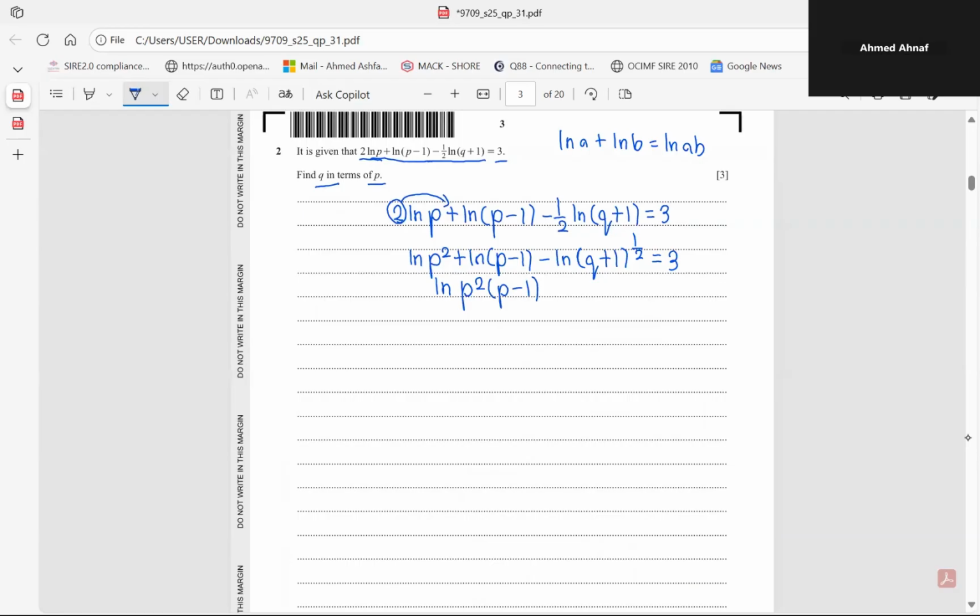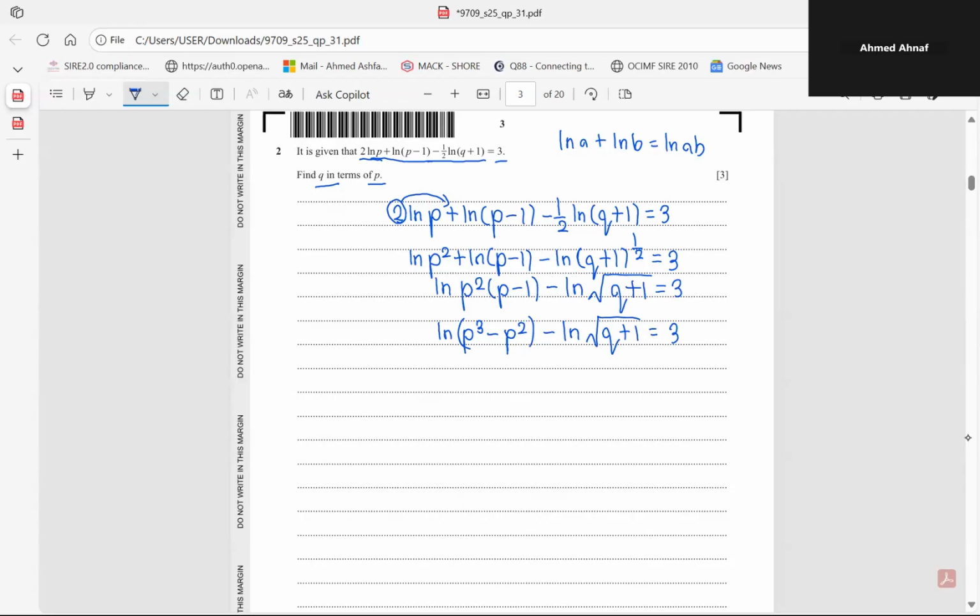Then let's write down the last logarithm: (q plus 1) to the power of half, which we can rewrite as the square root of q plus 1, equals 3. Let's expand the left-hand side. This would be (p cubed minus p squared) minus ln square root q plus 1 equals 3.